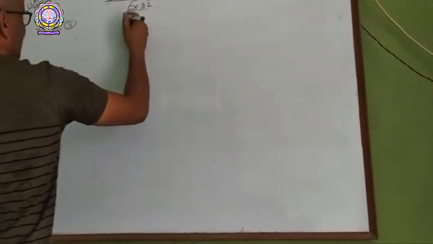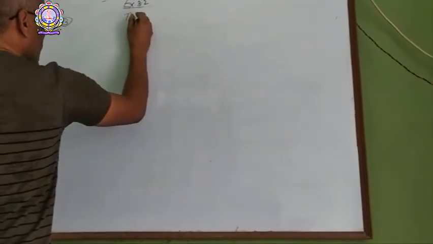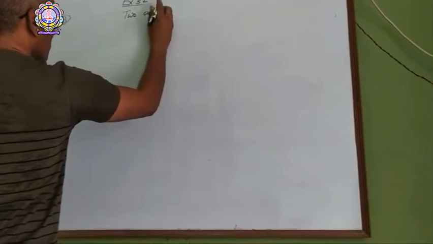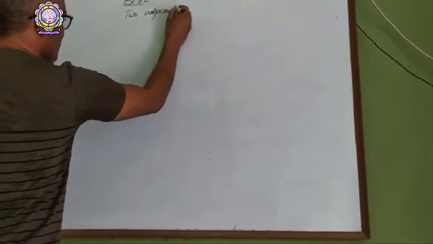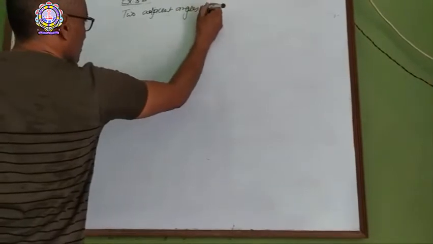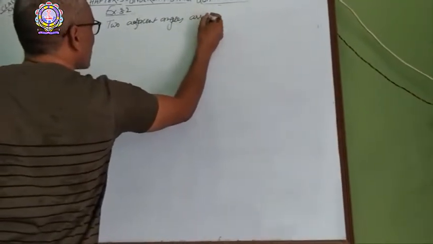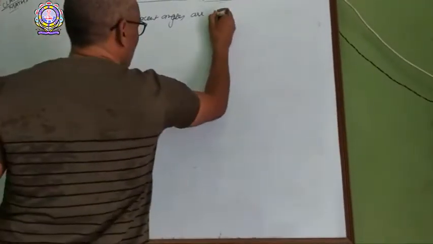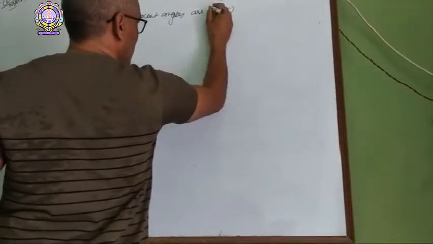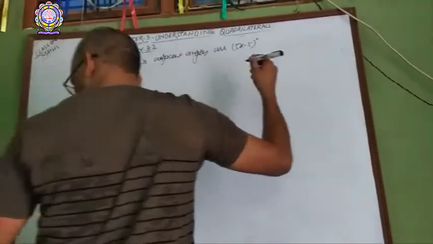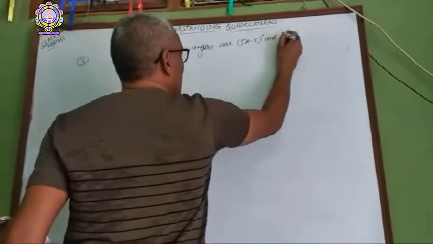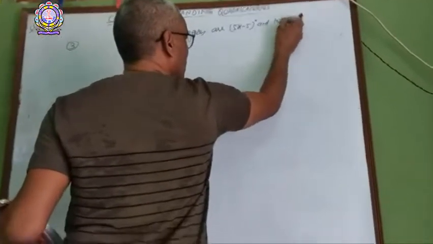There are two adjacent angles of a parallelogram, 5x minus 5 degrees and 10x plus 35 degrees.